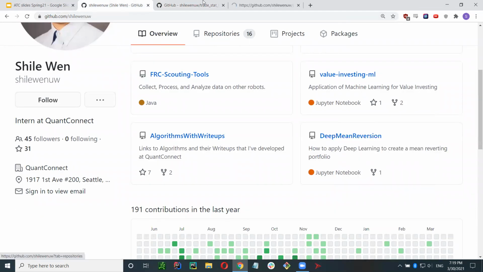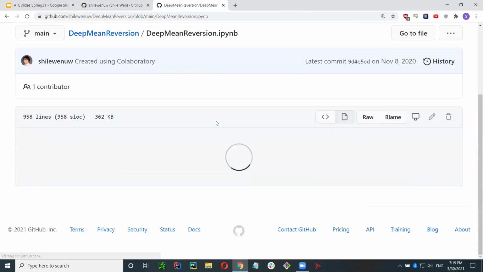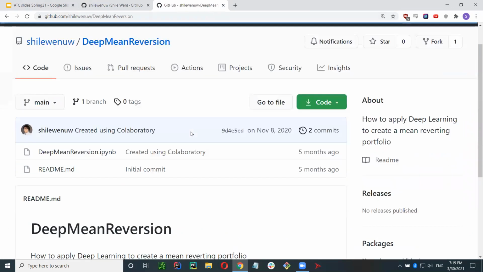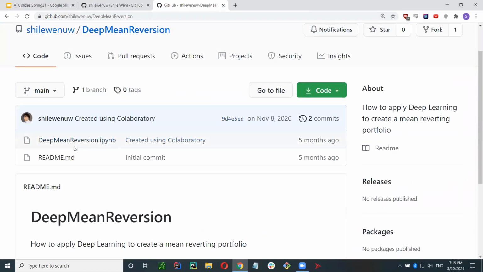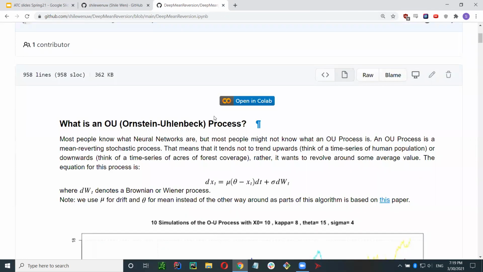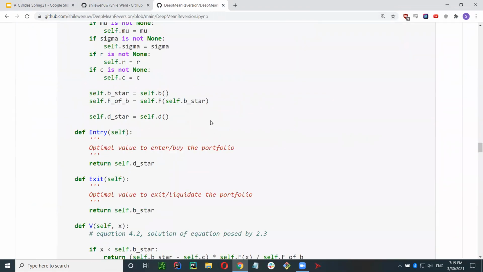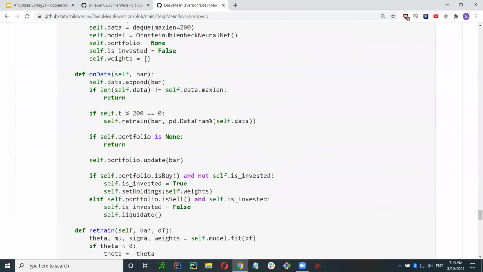Here I created a Jupyter notebook that was sort of annoying to learn. Oh yeah, I did this from Colab. And so this is a pretty informative post.